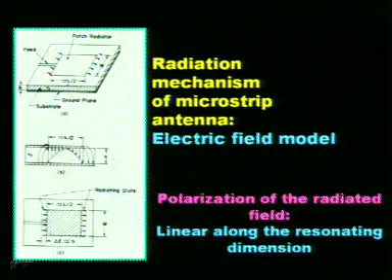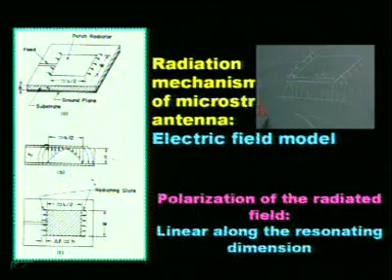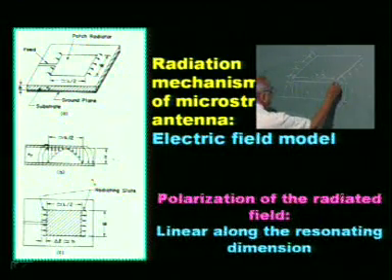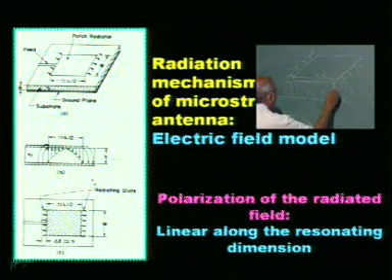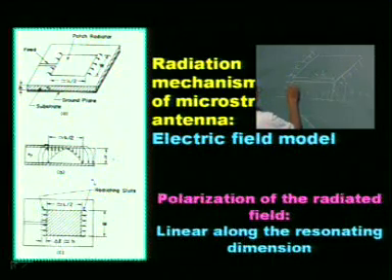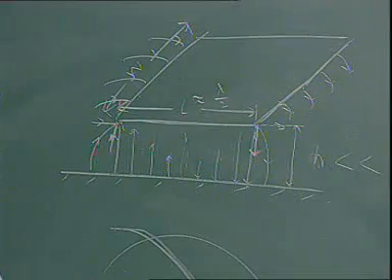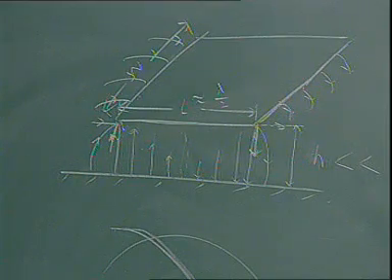You can see these two edges. We are not worried about these two edges because individually they do not contribute to radiation because of the halfwave variation of the field. And here there is no variation, it is constant, and if you resolve this field into these components, the radiation from this component and this component will cancel out each other because they are oppositely directed and separated by lambda by 2.